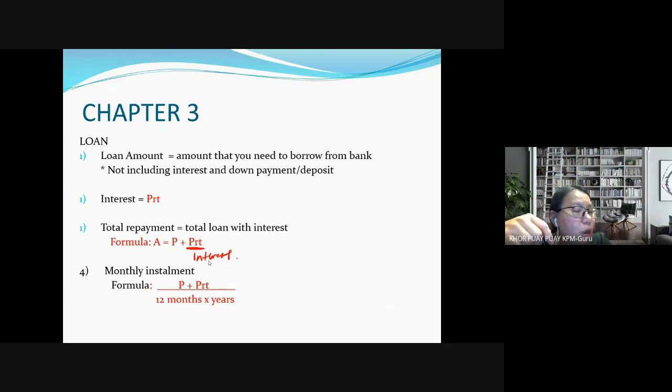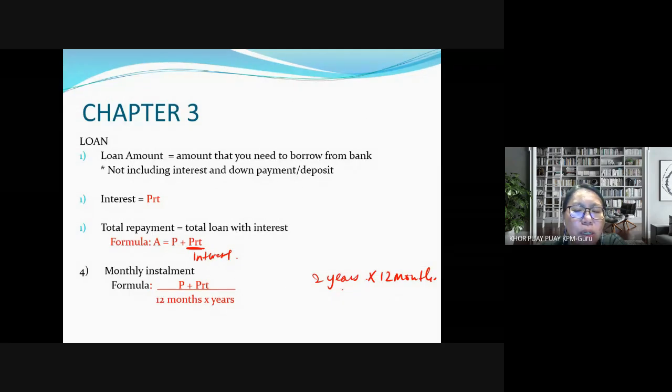But the monthly installment is not given in the formula. You must know how to count. If, let's say, they tell you to pay back in 2 years, it means you must take 2 times 12 months. We always count the monthly installment in months. Okay, so 1 year you have 12 months.